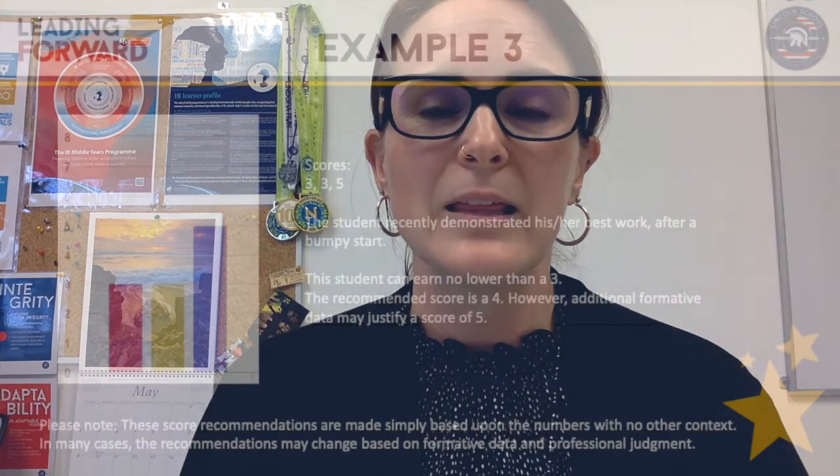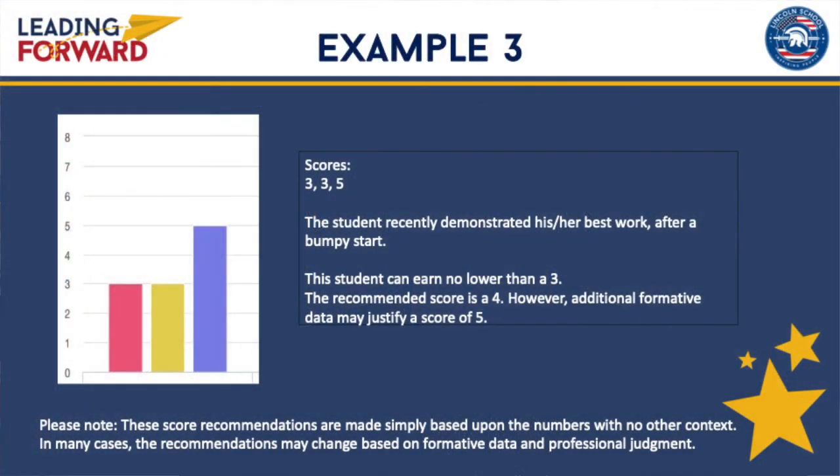Example 3. This student earned a 3, 3, 5. So we see an upward trend of growth. The student recently demonstrated his or her best work on the most recent summative. So again, the student can earn no lower than a 3.